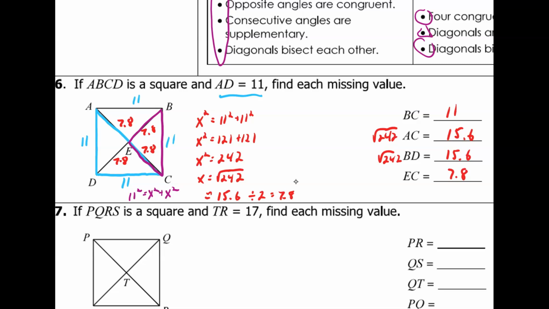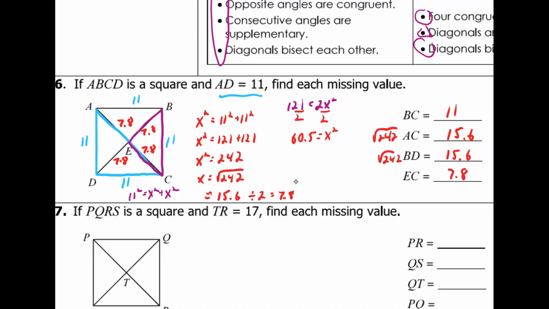You would take 121 equals 2x squared, divide 121 by 2, and that's 60.5. If we divide both sides by 2, we get 60.5 equals x squared, and then take the square root of 60.5.